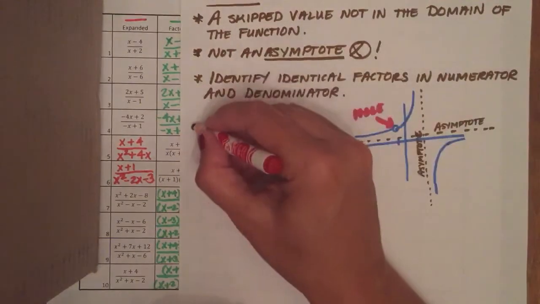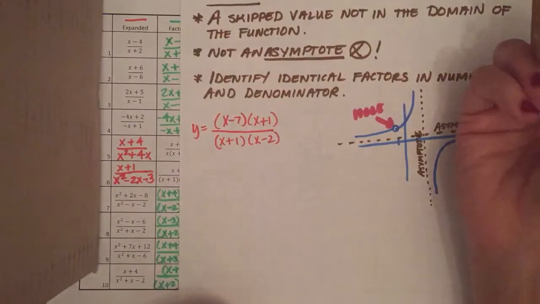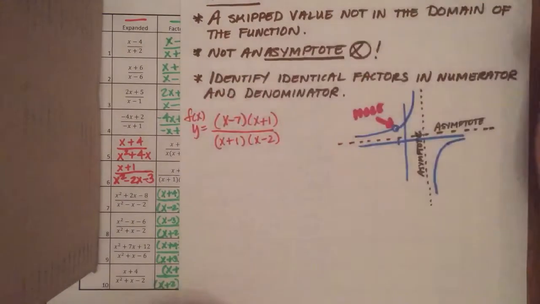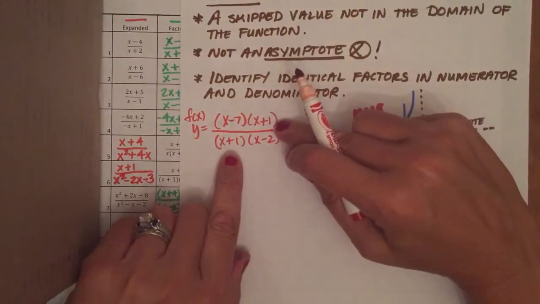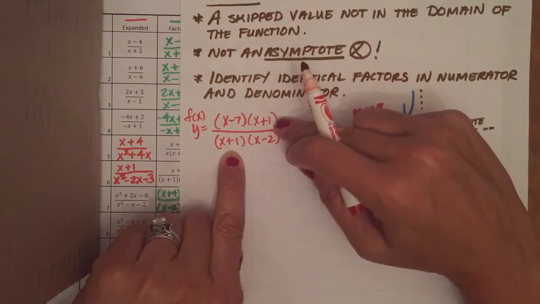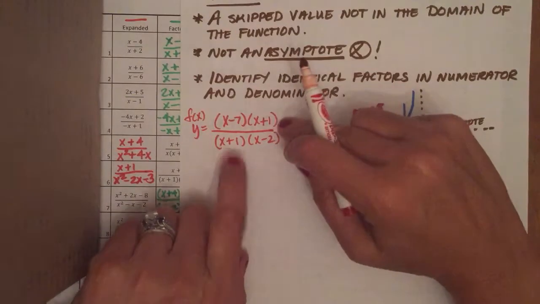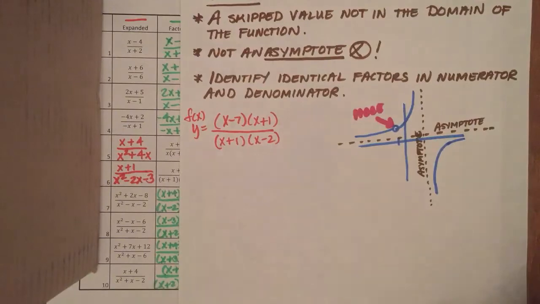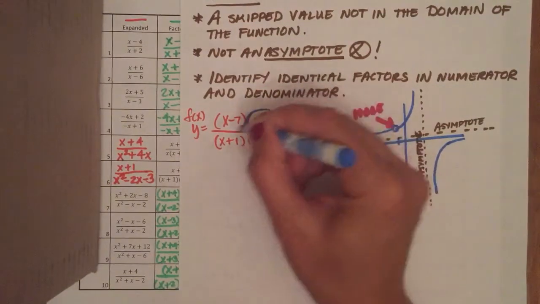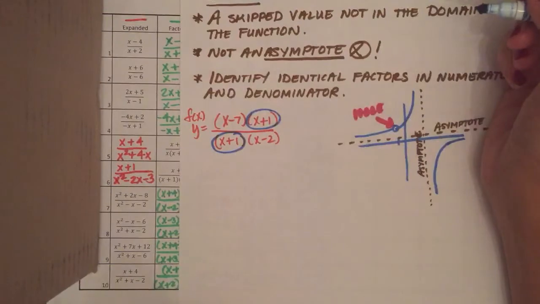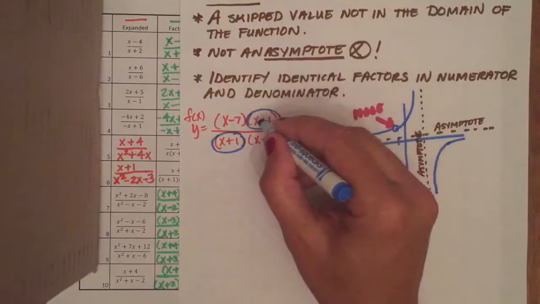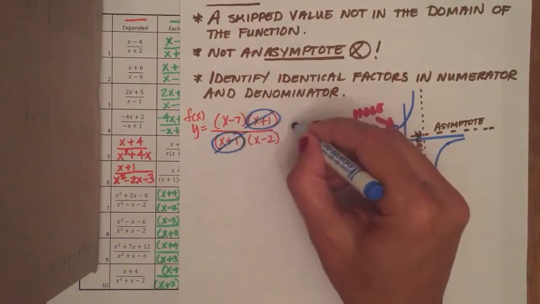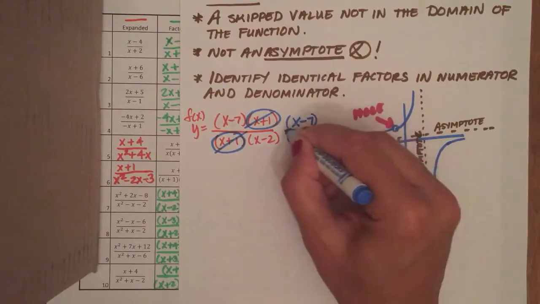If I see a function like this, y or f of x, however you want to write it, the easy way to identify a hole is you look for identical factors that appear in the numerator and the denominator. In this particular function, we have an x plus 1 in the numerator and an x plus 1 in the denominator, which means if I wanted to, I could cancel these out, and I would end up with graphing x minus 7 over x minus 2.